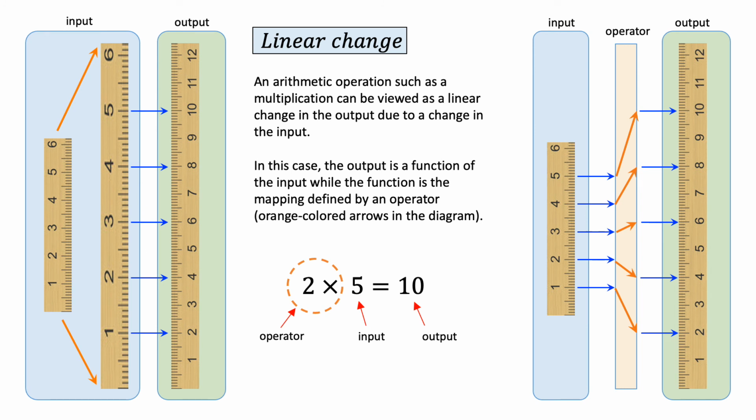Here the core concept is the way we look at the basic arithmetic operations such as multiplication and addition. Instead of looking at them as binary operations with two inputs, we can consider them as a transformation defined by an operation, which is applied on a single input to produce an output.